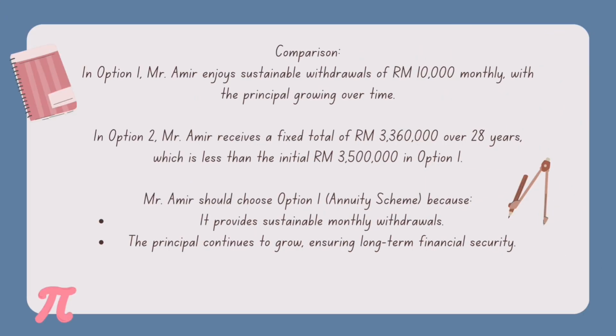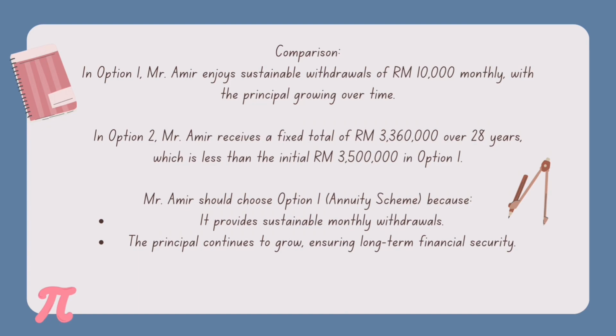Next, we have to make a comparison between the two options. In option 1, Mr. Amir enjoys sustainable withdrawals of 10,000 ringgit monthly, with the principal growing over time. Meanwhile, in option 2, Mr. Amir received a fixed total of 3,360,000 ringgit over 28 years, which is less than the initial 3,500,000 ringgit in option 1.